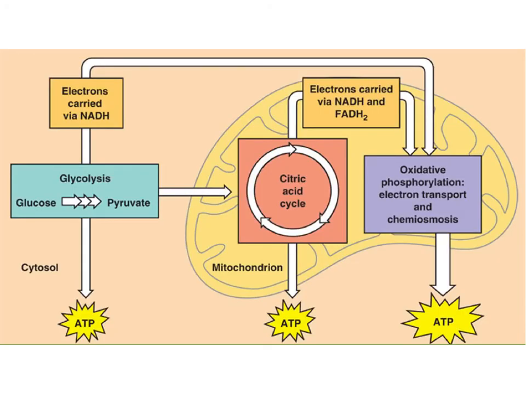All right. So here is the big picture of what's happening during cellular respiration. So our first step is glycolysis. So this happens in the cytoplasm. Electrons are just going to be carried from the NADH all the way over here to the electron transport chain. Then the pyruvate, that's going to move into the mitochondria, and it's going to go through the citric acid cycle.